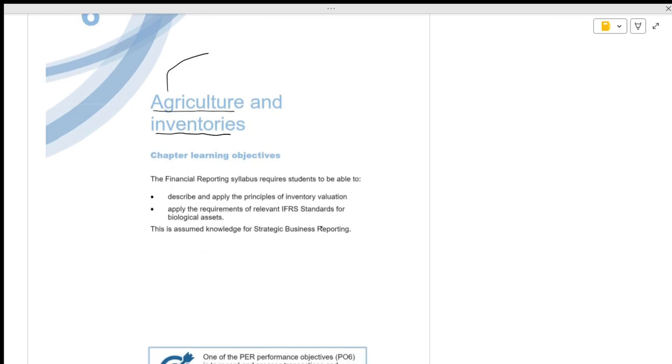When we talk about inventories, we are not taking anything separately. We are just discussing IAS 2. We are talking in terms of inventory valuation. With respect to costing, we do FIFO, LIFO, and weighted average, and so on.